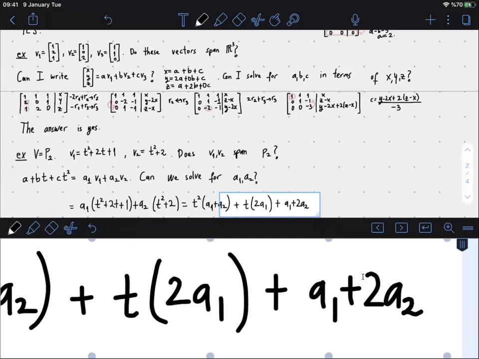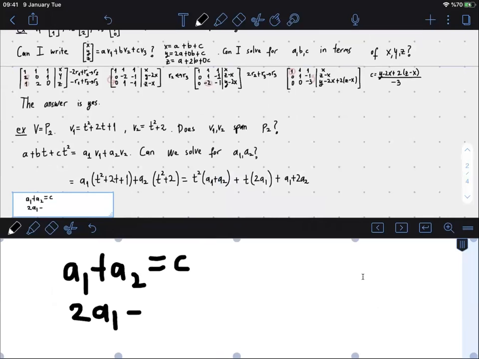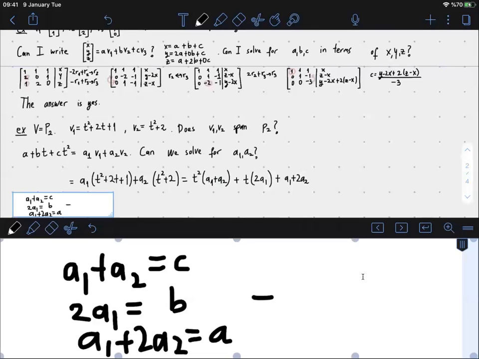So we're trying to solve this for a1 and a2, which means a1 plus a2 should be c, 2a1 should be b, and a1 plus 2a2 should be a. The second equation fixes a1 to be b over 2.